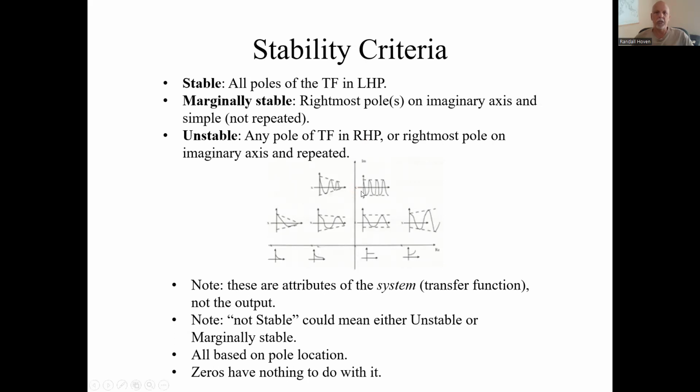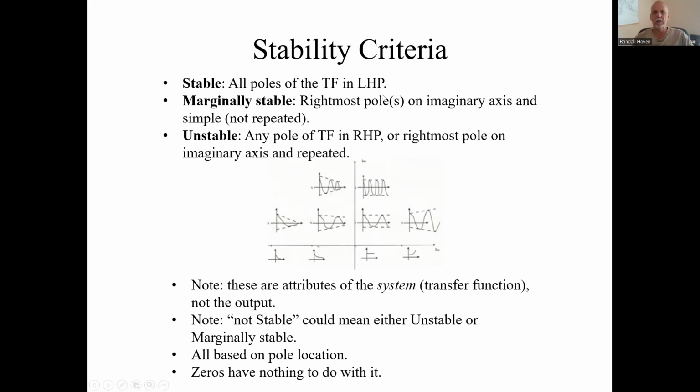But if it's repeated, these envelopes will grow according to the power of t, how often it's repeated. It'll be polynomial growth, not exponential growth. So stability is an attribute of the system, not the output.